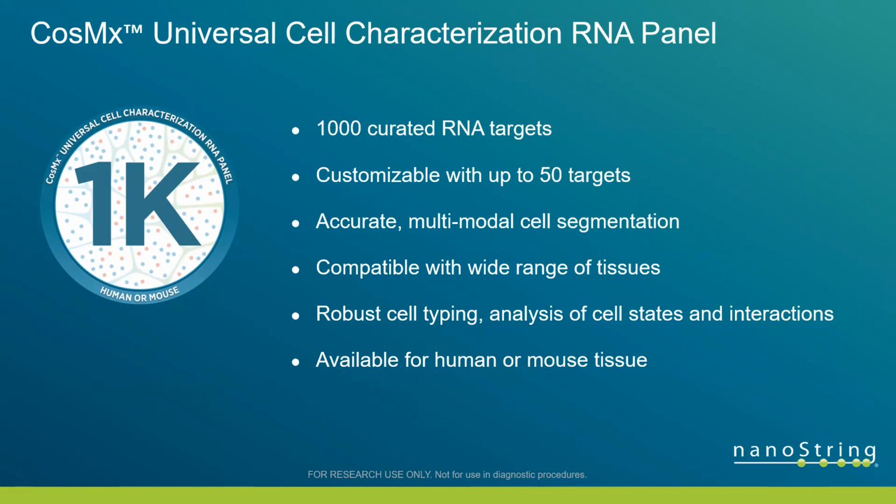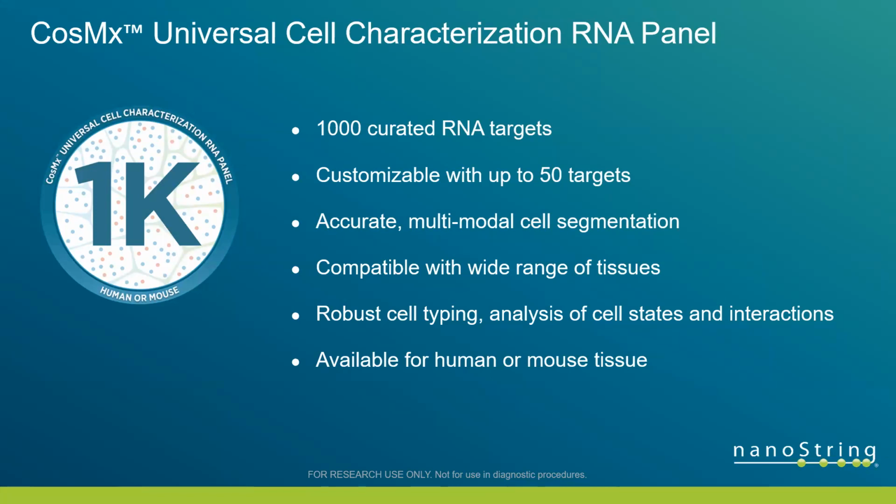And then in terms of its analysis and output, we're able to perform not only a really nice, robust cell typing application, because at 1000-plex we're finding that we're able to profile and perform this cell typing in a very rich data set, but we're also able to profile for both cell states and interactions, which perhaps might be one of the more differentiators as you're thinking about CosMx and how it's different within the market.